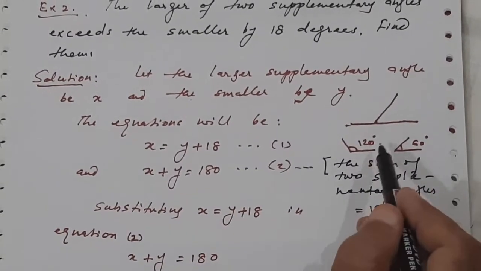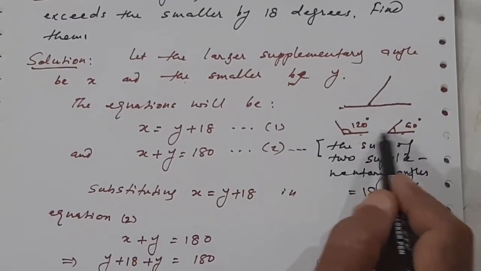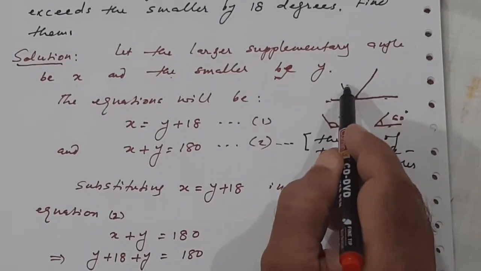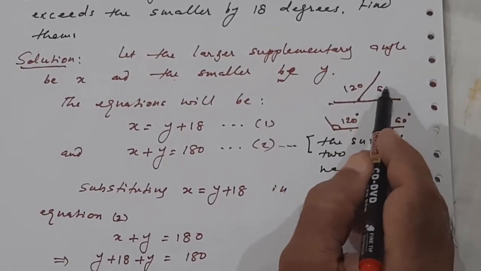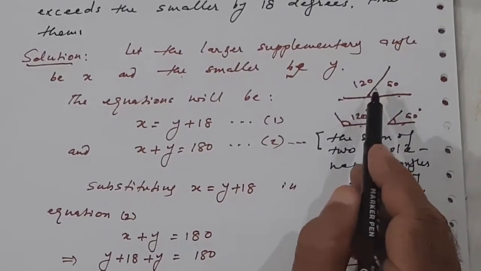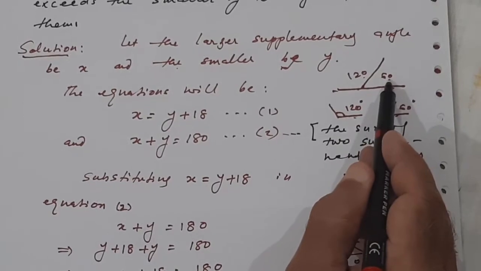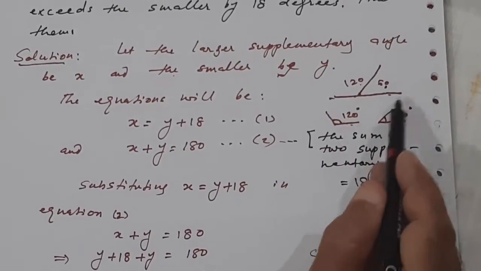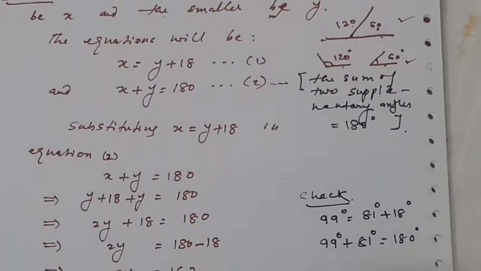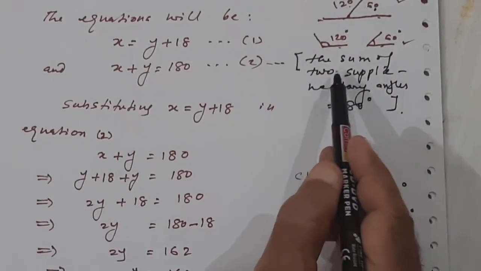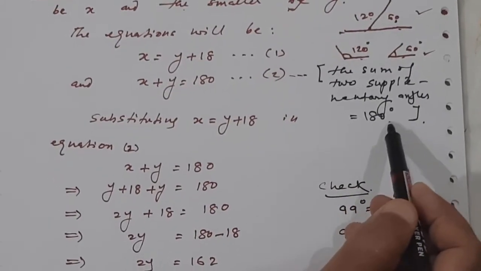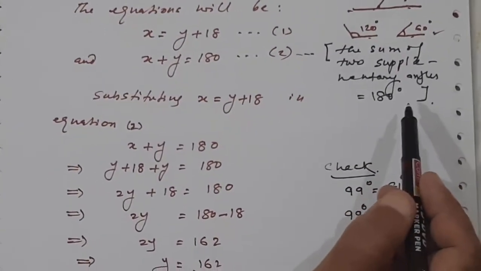Supplementary angles are a pair of angles whose sum is 180 degrees. Any pair can be there, n number of pairs can be there. So 120 plus 60 is 180. So both are supplementary angles. You only have to remember that the sum of two supplementary angles is always equal to 180 degrees.